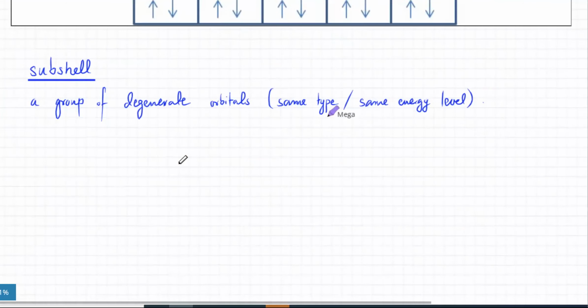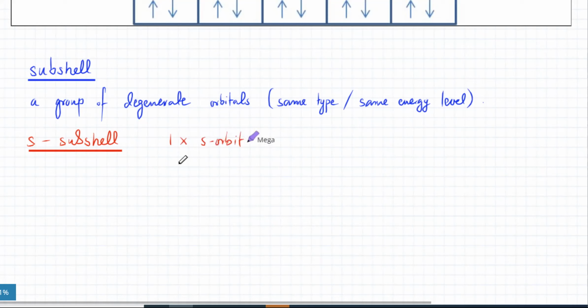So you've got all types of subshells. You've got an S subshell. The S orbital does not have any orientation. It's just one S orbital. Why?